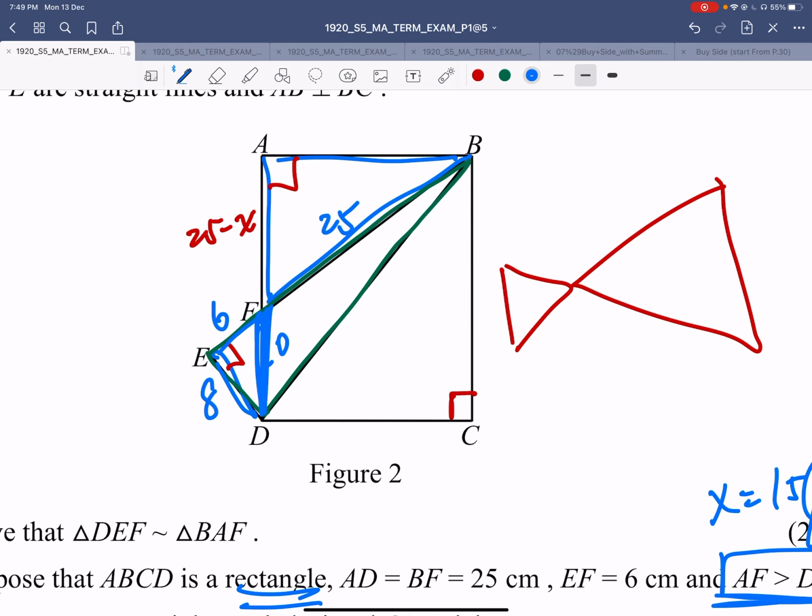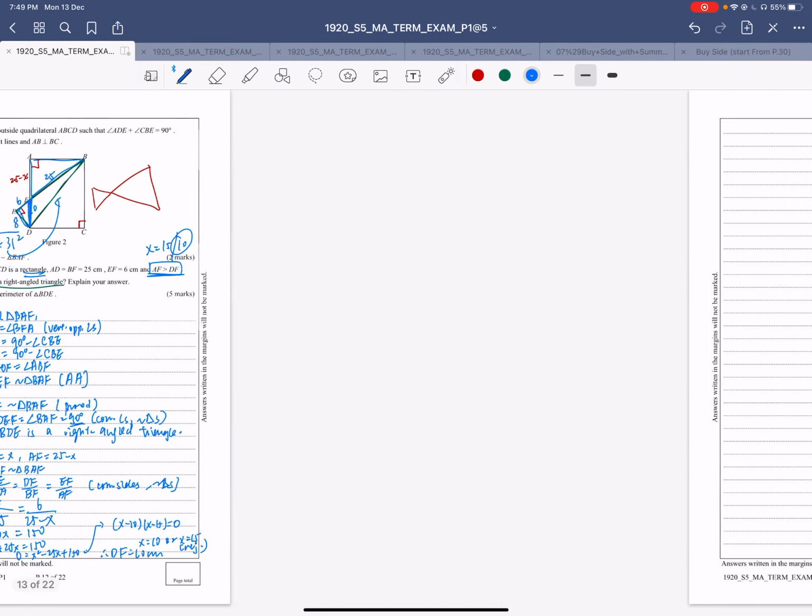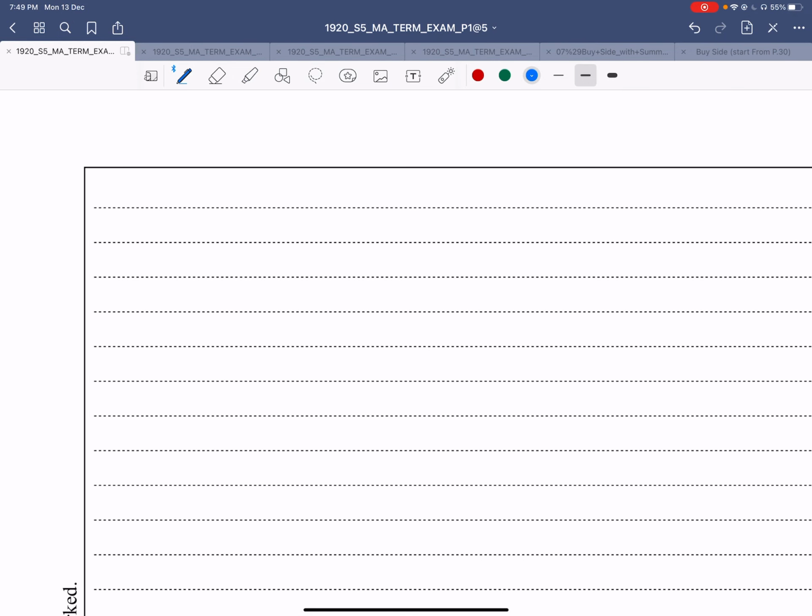So DE you can obtain is 8 due to the Pythagoras theorem. And then the whole triangle BDE is also a right angled triangle, so you can use 8 squared plus 31 squared, square root, is equal to BD. Of course, you need to use proper steps.